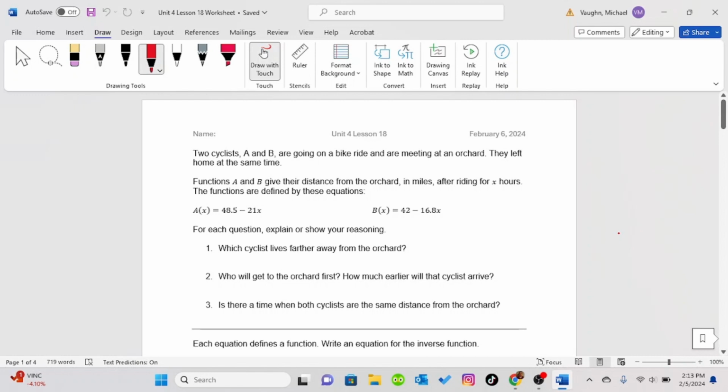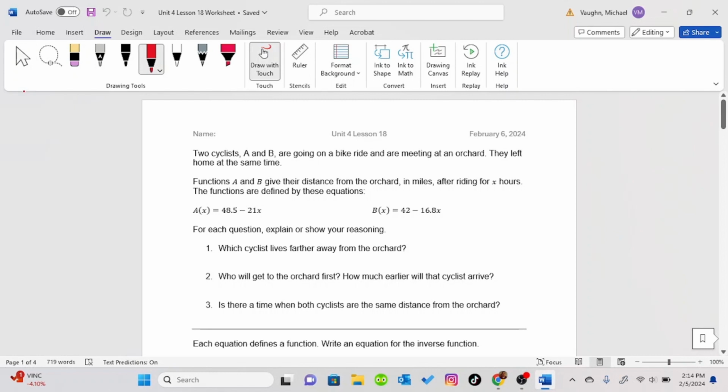Number 1. Which cyclist lives farther away from the orchard? These functions are written in slope-intercept form. And since the function gives their distance from the orchard, the y-intercept will tell us how far away they are from the orchard when they start from their homes.